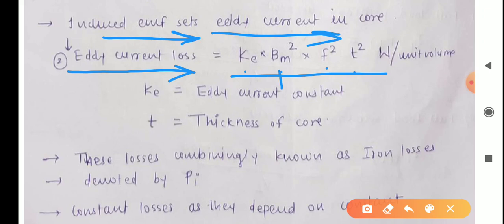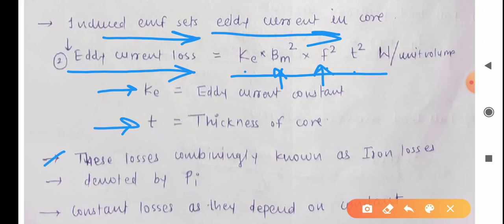We know that Bm is the maximum flux density and F is the frequency. Ke here is the eddy current constant, again depending on the type of material, and T is the thickness of the core, again a constant parameter. That's why these losses are also constant losses.